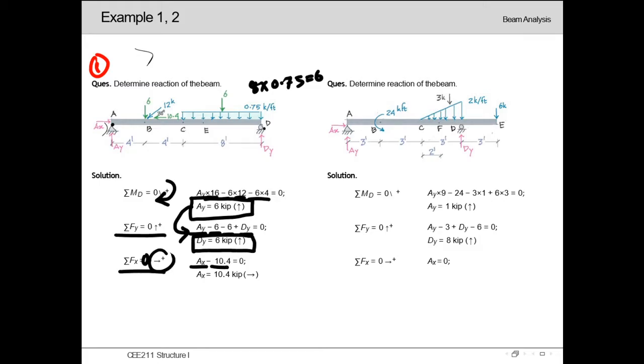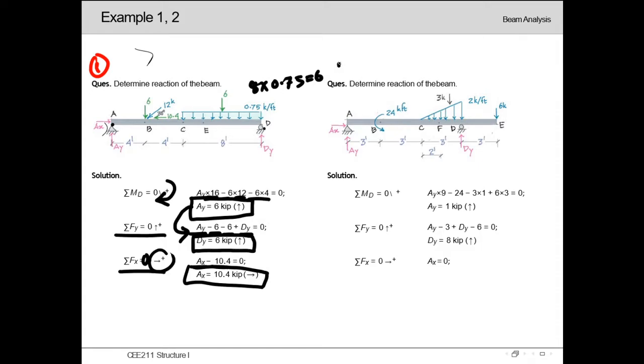We cannot see any other available load or components or reactions, so it will be equal to 0, and from here we will be able to calculate the value of Ax. In this way we can conclude the value of Ay, Dy and Ax.